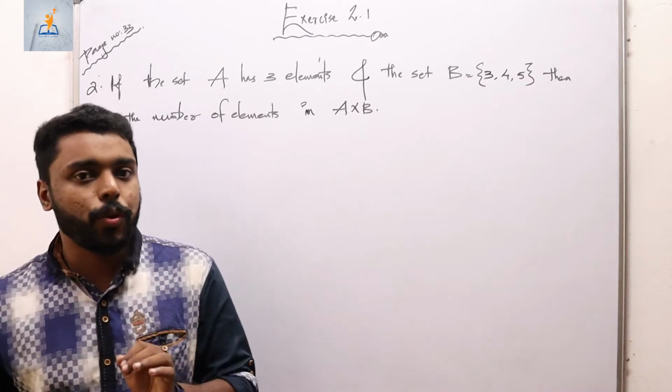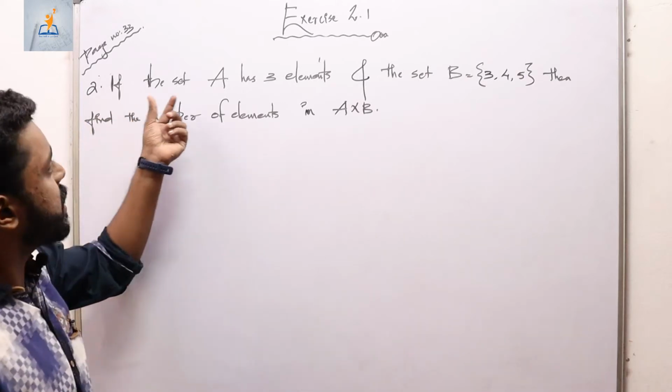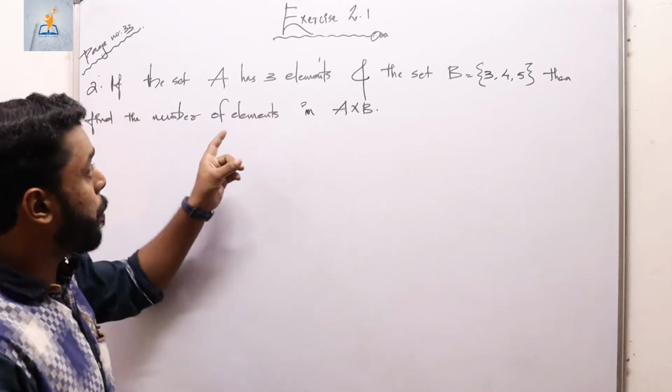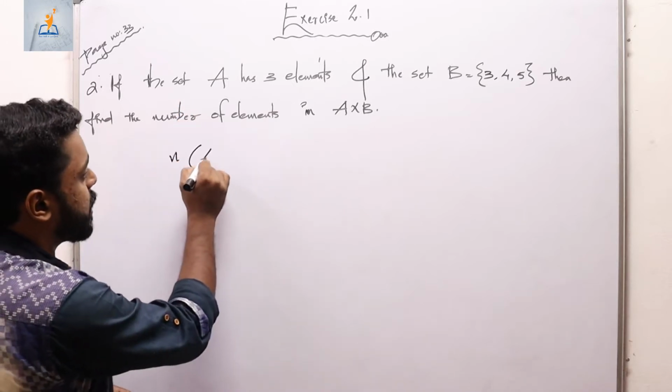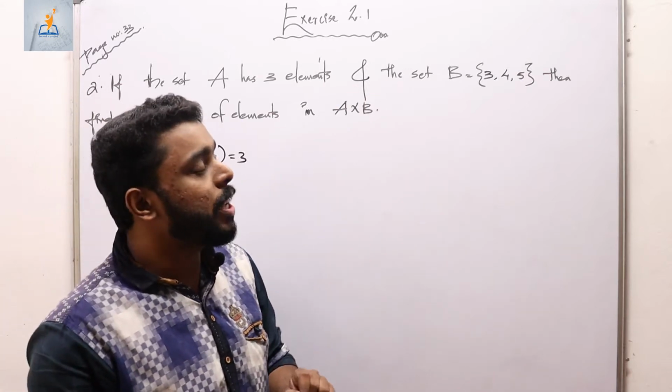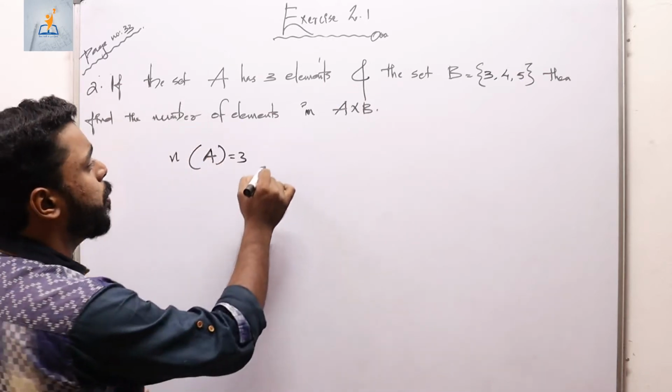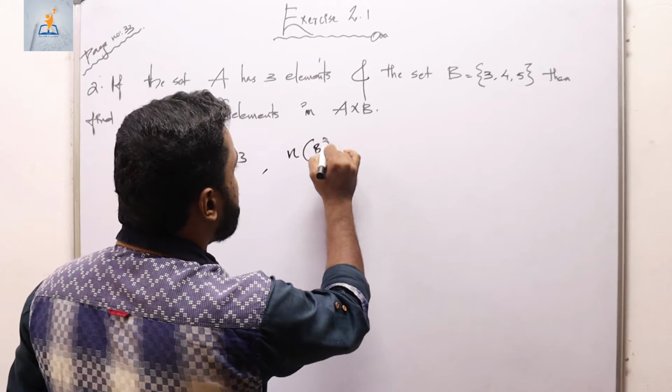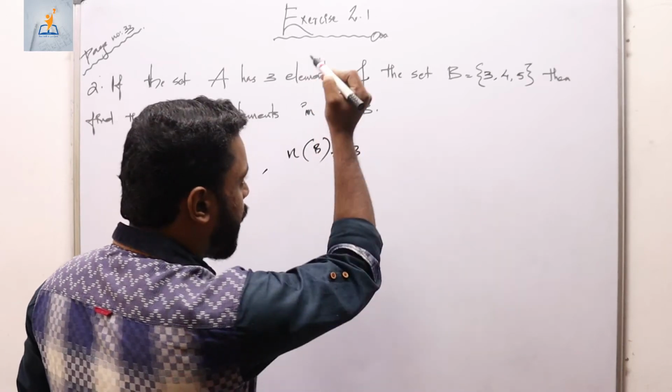Coming to the second question: if the set A has 3 elements, so the number of elements in the first set is nothing but what? 3. And the set B is equal to {3, 4, 5}. Hence it is easily observable that the number of elements in the second set is again 3.